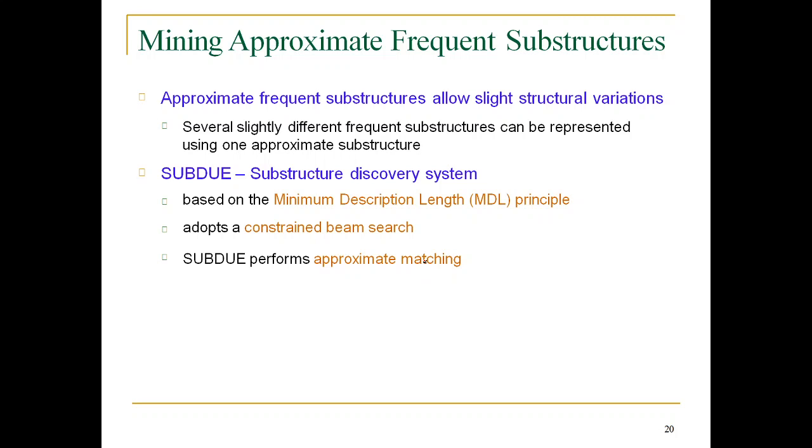What it does is grow a single vertex incrementally, based on the minimum description length principle, and it uses constrained beam search. It grows the single vertex incrementally, expanding the node. At each expansion, it searches for the best description length pattern of a graph set and condenses it into single nodes.